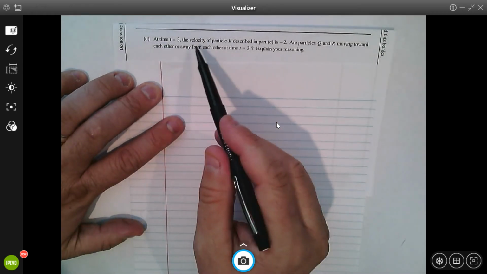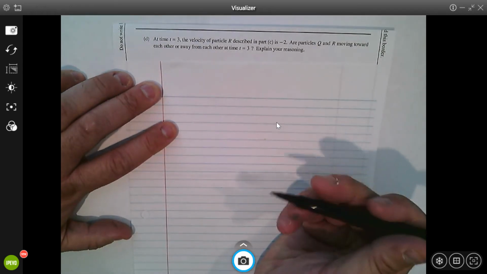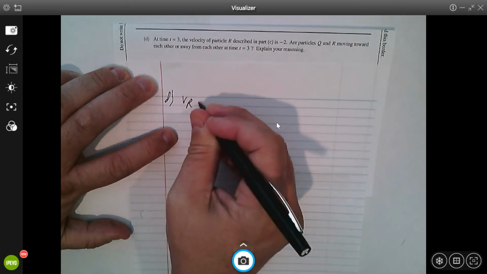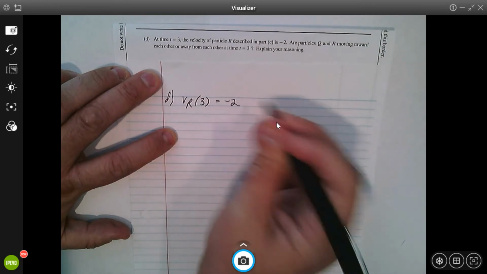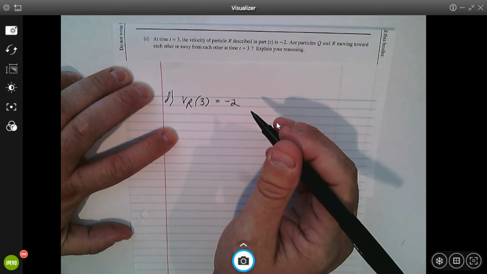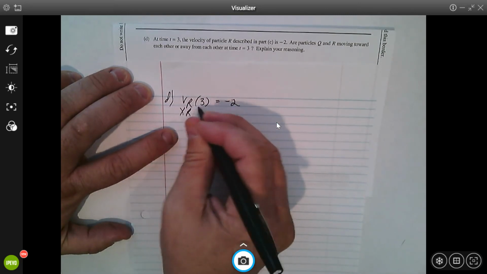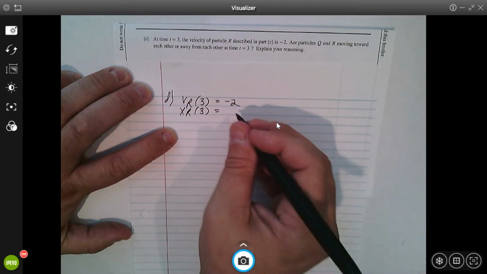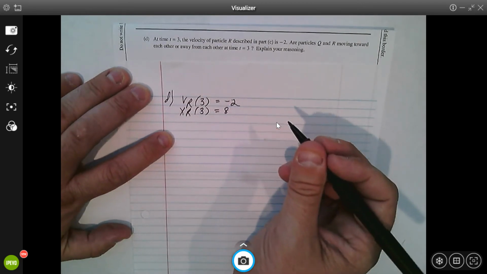At time t equals 3, the velocity of particle r is -2. And they told us earlier that the position of particle r at time 3 is, what was that? That's going to be 8.